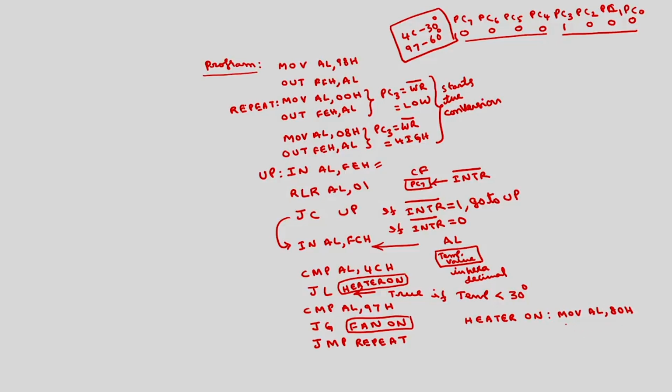You have to output onto port B, out FDH comma AL. So, this will make PB7 as 1, which is connected to the heater. PB7 equal to 1 implies heater is on.